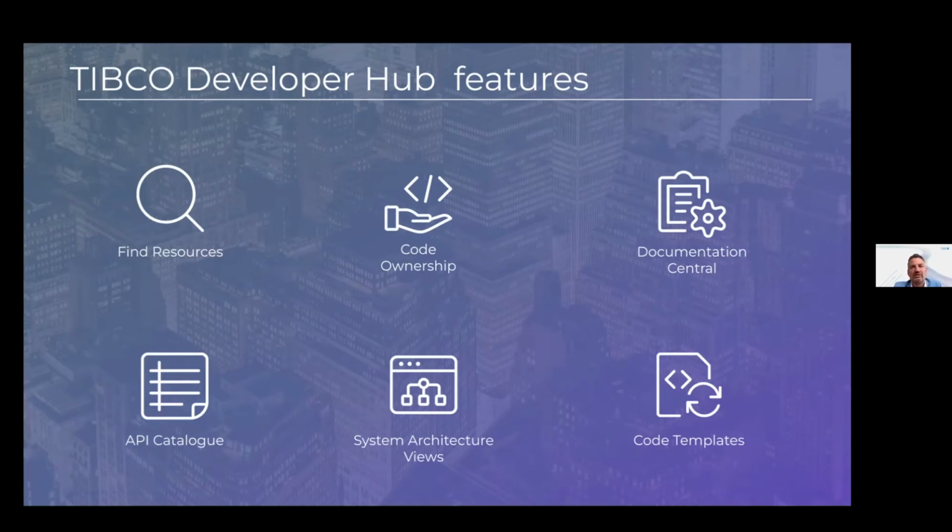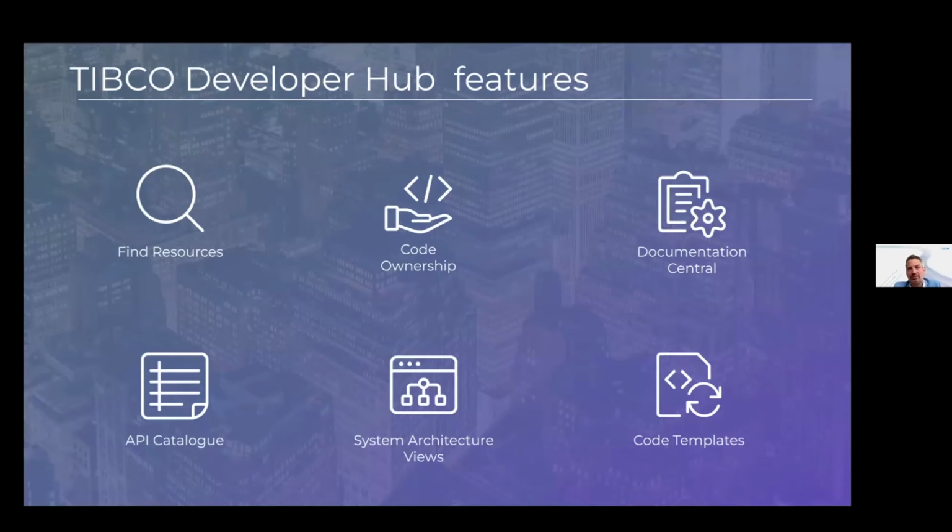That is because through a developer portal, you can very quickly find the resources. You can find the documentation, you can see how things are happening because it's described there, and the documentation should typically always be up to date with the code. But if you can't find something in the documentation, you can also see which person or which department is responsible for that specific component out of the architecture.